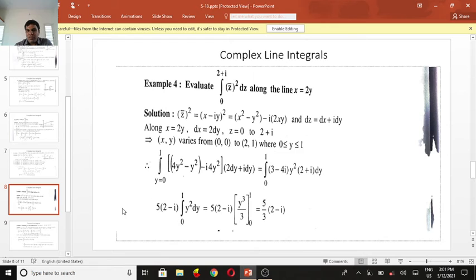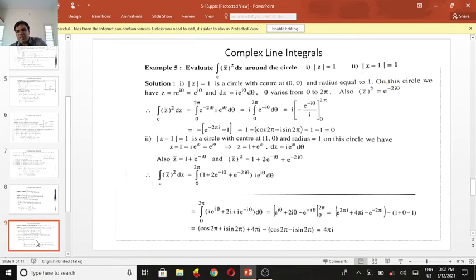Taking the constant term 2 plus i outside and simplifying, we get 5 times (2 minus i) times the integral from 0 to 1 of y square. The integral of y square is y cube by 3 from 0 to 1. Totally we get 5 by 3 times (2 minus i). This is the result.